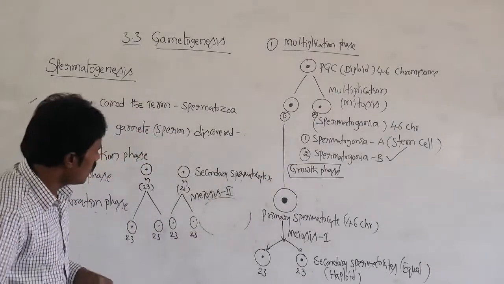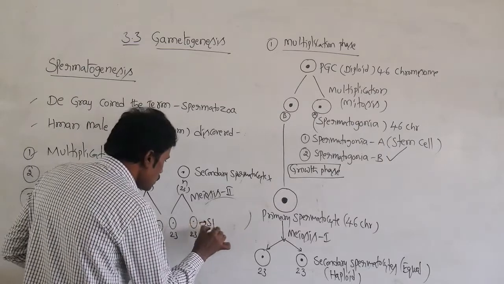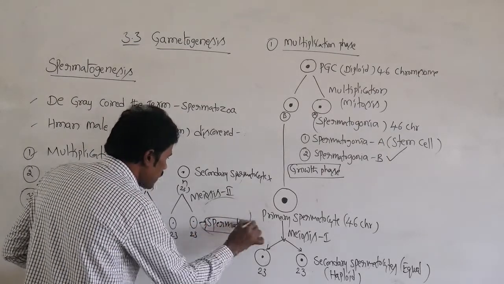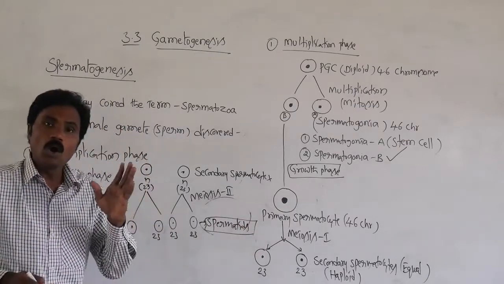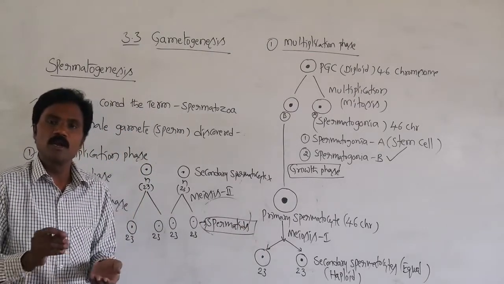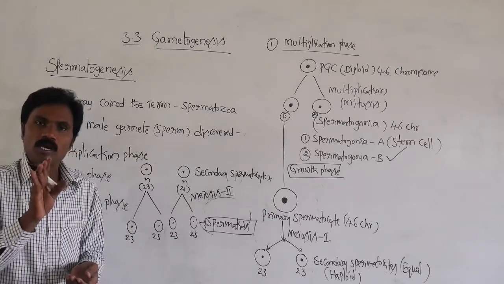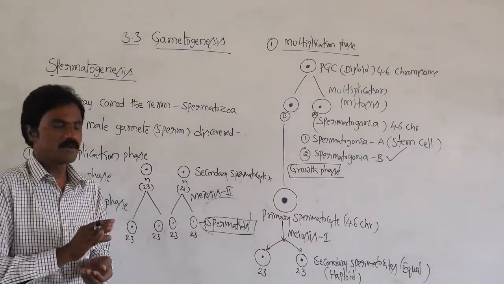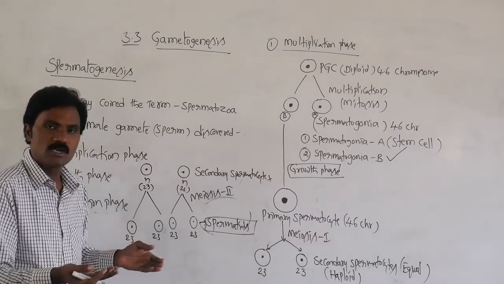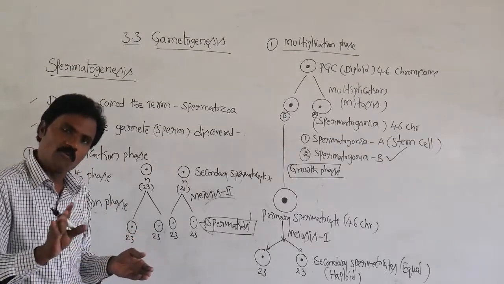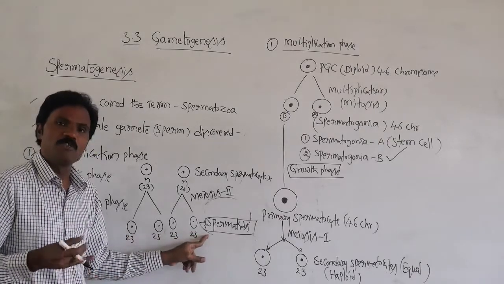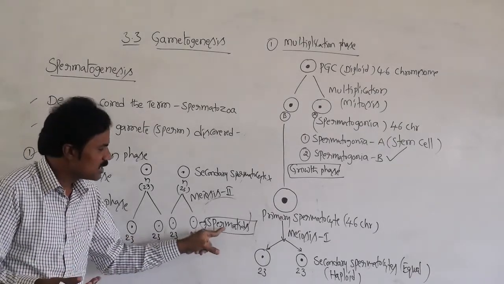These four we call spermatids, and all are functional, that is most important. All four equal haploid functional cells are formed, which we call immature gametes, the spermatids.